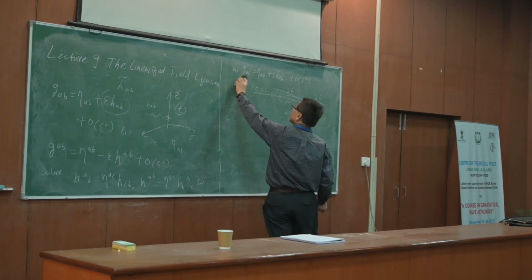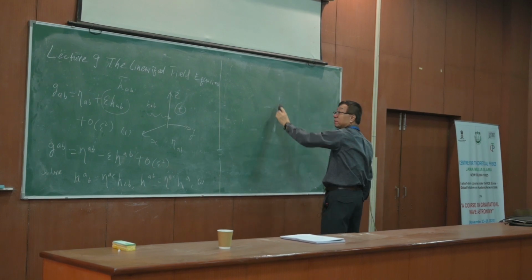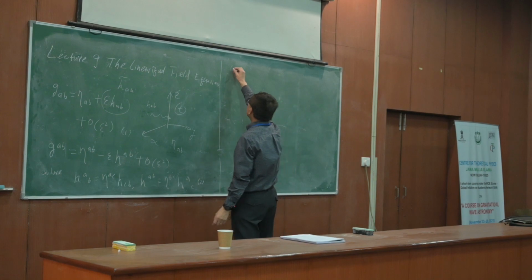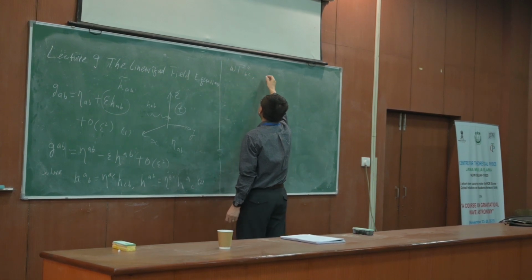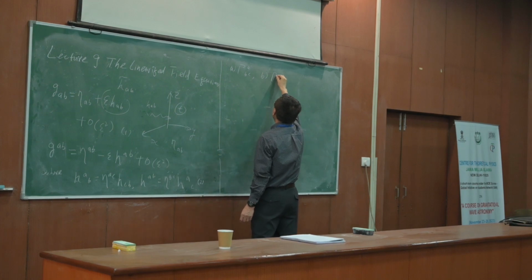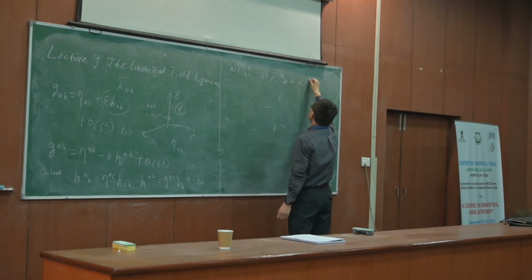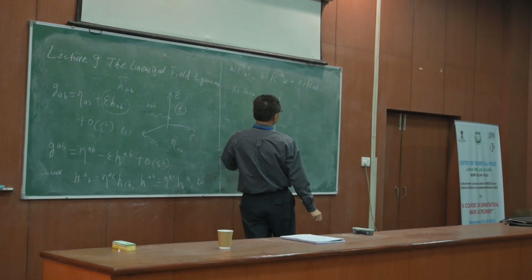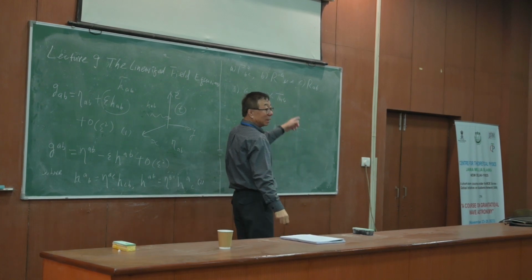Now I think we are ready. Once this is clear, you just use our routine. First calculate Gamma^a_bc, then calculate R^a_bcd, then R_ab, then T_ab. Once I get this, I know T_ab, and this is my Einstein equation.